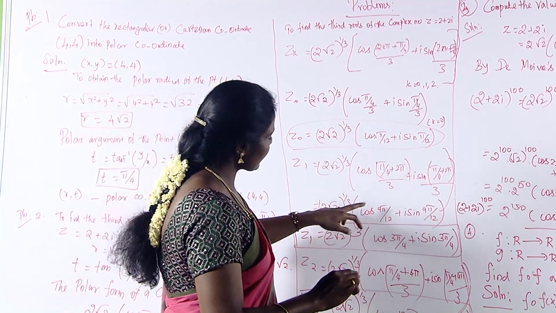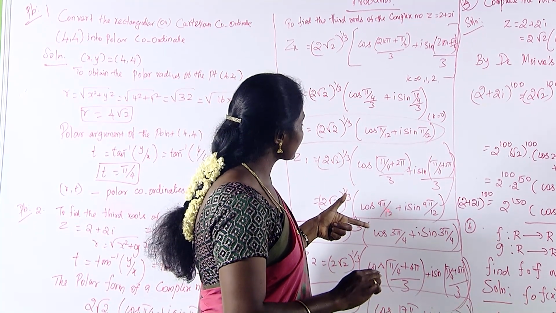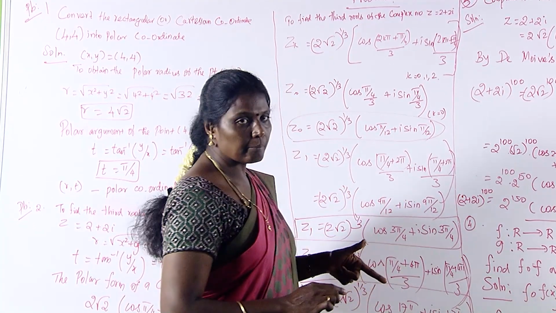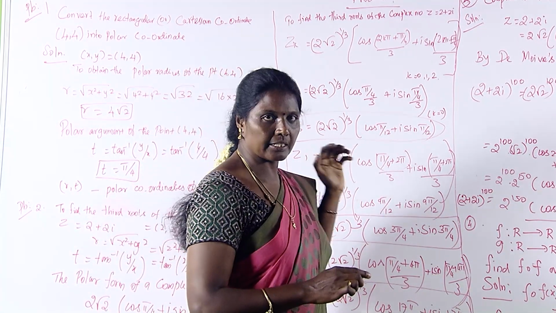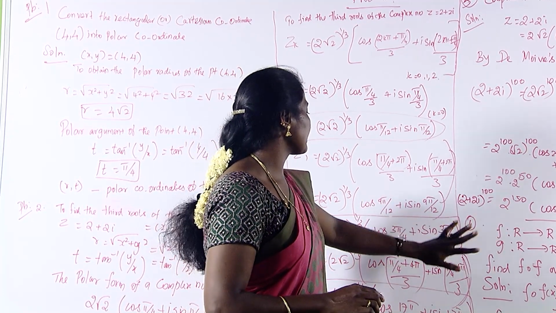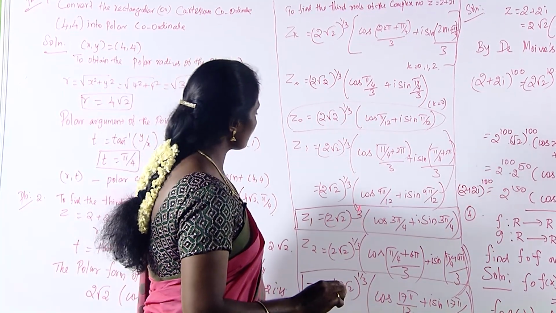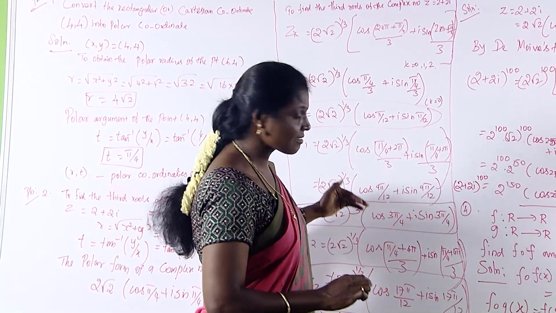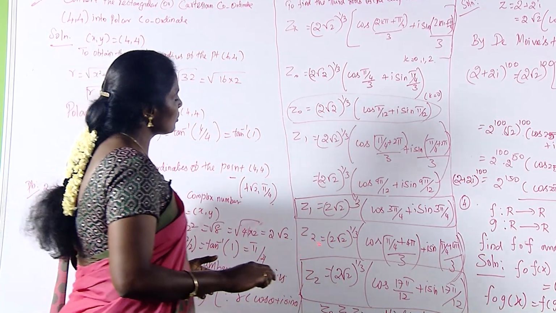We can simplify this also, because 9 and 12 have the common factor 3. We can cancel 3 from both numerator and denominator, so we get 3π/4. So, z1 equals (2 root 2) to the power 1 by 3 times cos 3π/4 plus i sin 3π/4. This is another root.